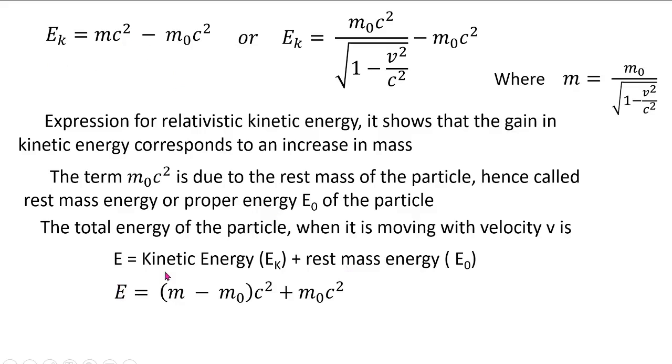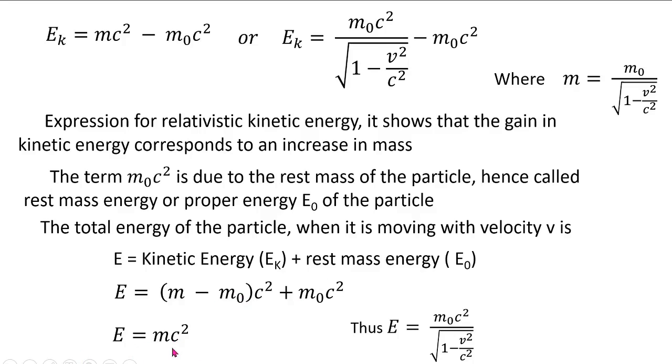If we substitute, mc square minus m0 c square, that is m minus m0 into c square, is the kinetic energy, and this is the rest mass energy, m0 c square. If we simplify this, mc square minus m0 c square plus m0 c square, the m0 c square terms get cancelled, and we get E is equal to mc square.